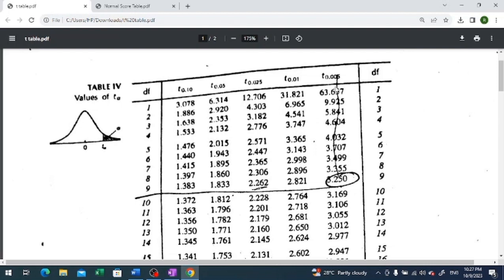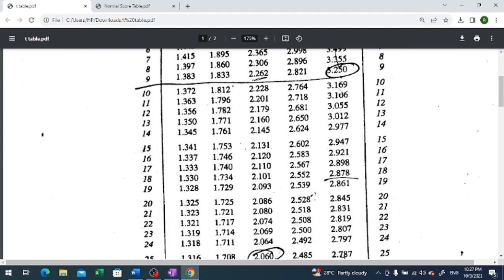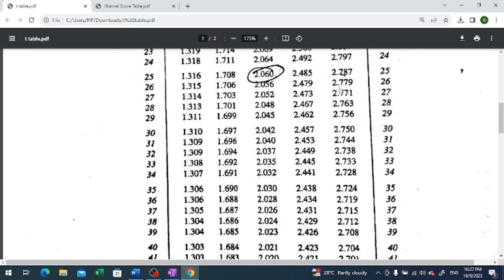Similarly, for 99% CI, we take the remaining 1% to be divided into two tail regions, and this is how we get the probability of 0.005 in each tail. So this column will give you all related values to the 99% CI. So this is how we read out the values from the T table.